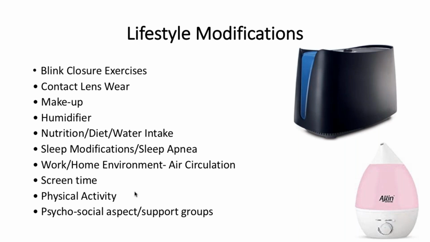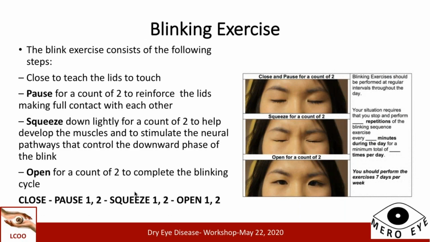You can recommend having a humidifier in one corner of the table where they can just go and sit and get that humidified air on their face, so that it will actually help hydrate the eye too.